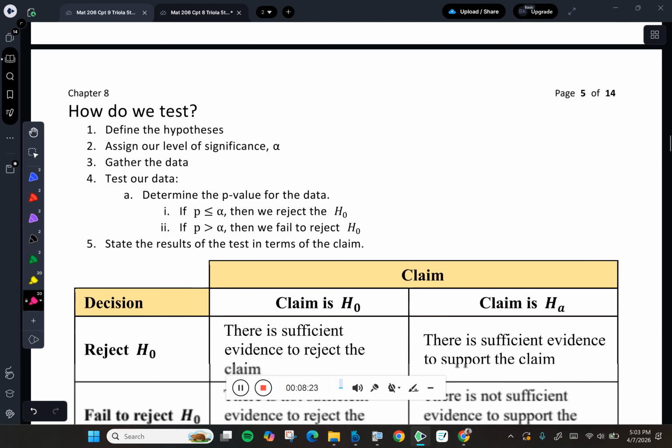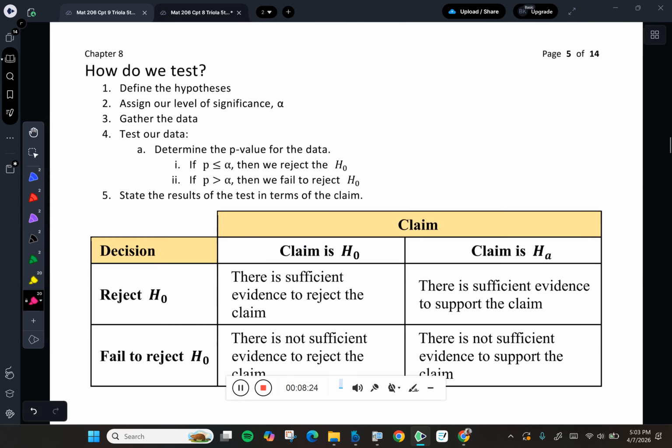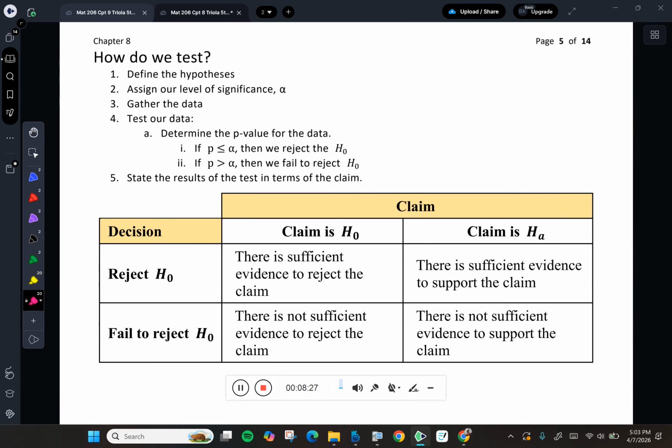Okay, so how do we test? Well, this is the process. We read the statement and find the claim and use it to define our pair of hypotheses. Once we've got our hypotheses, we assign an appropriate level of significance, whether it be the 0.1, the 0.05, or the 0.01.